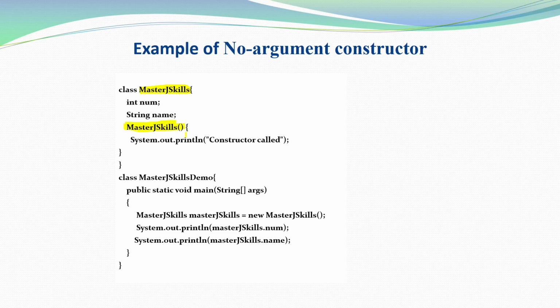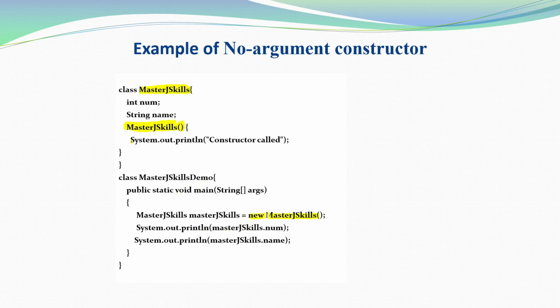It looks like a method with two braces, and I'm printing some message. The constructor is called once it is called. And how is this MasterJSkills constructor called? You can see here in the MasterJSkillsDemo class, I have created a MasterJSkills object with the help of the new keyword.